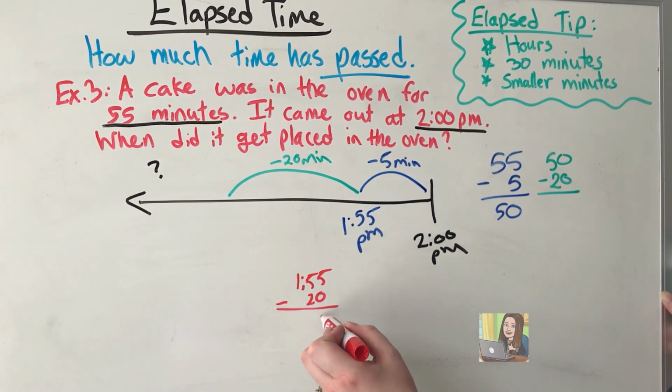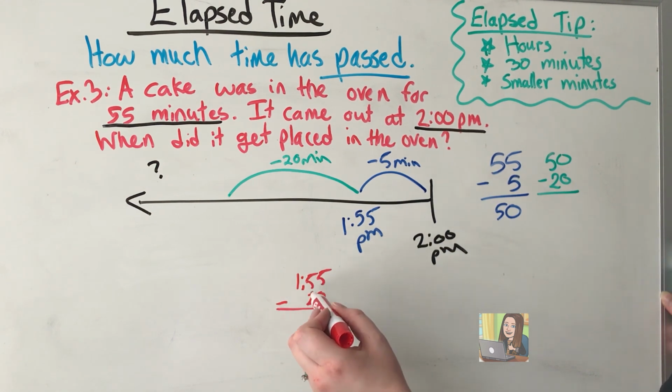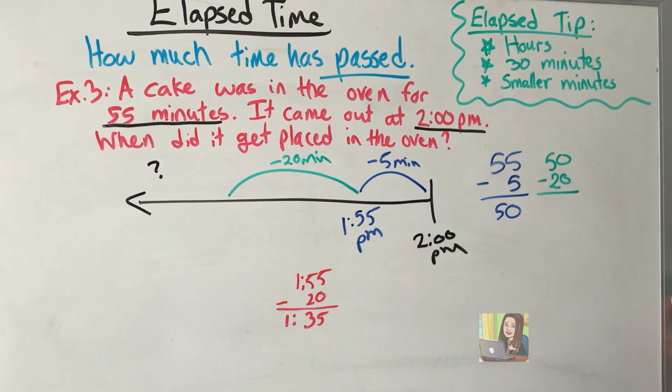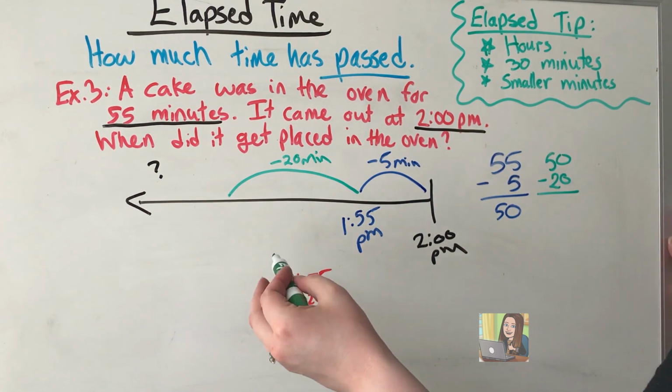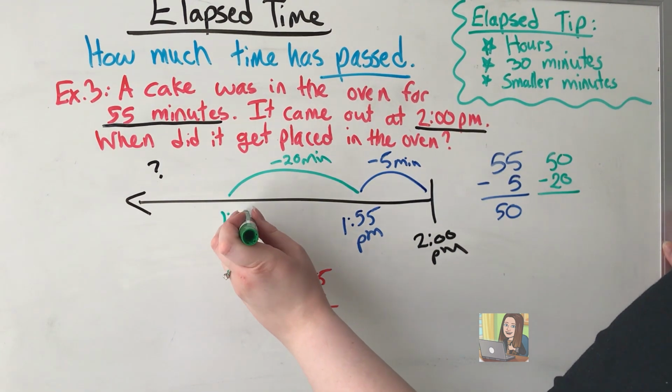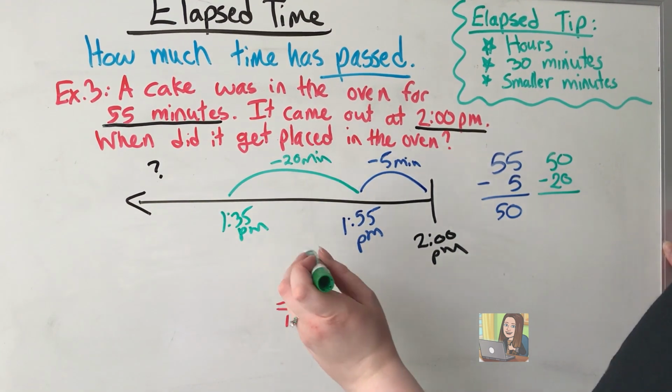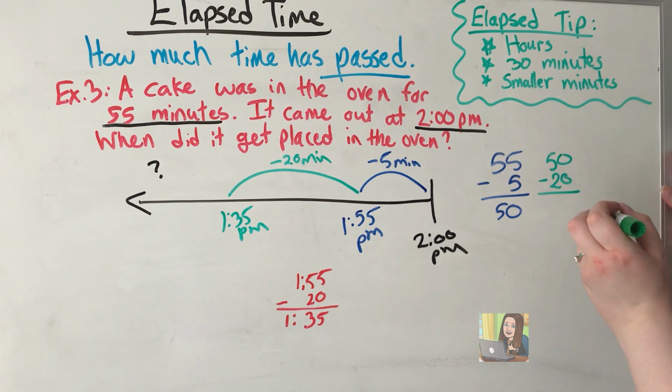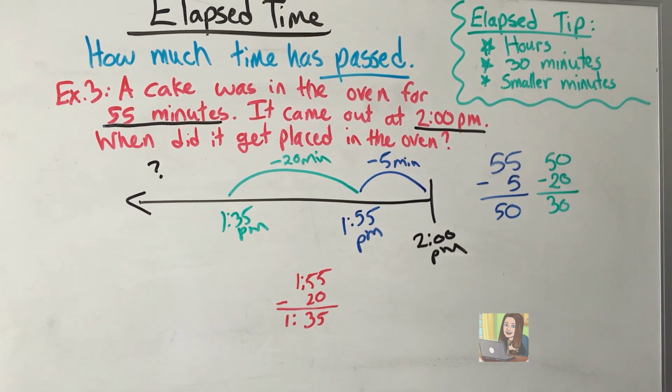Well, 5 take away 0 is still 5. 5 take away 2 gives me 3, and the 1 comes down. We're talking about the hour still. All right. So I am at 1:35. 50 take away 20 is 30. I still have 30 minutes left.